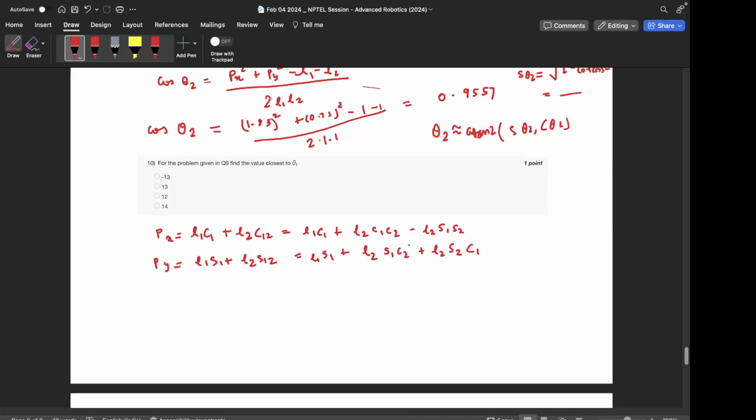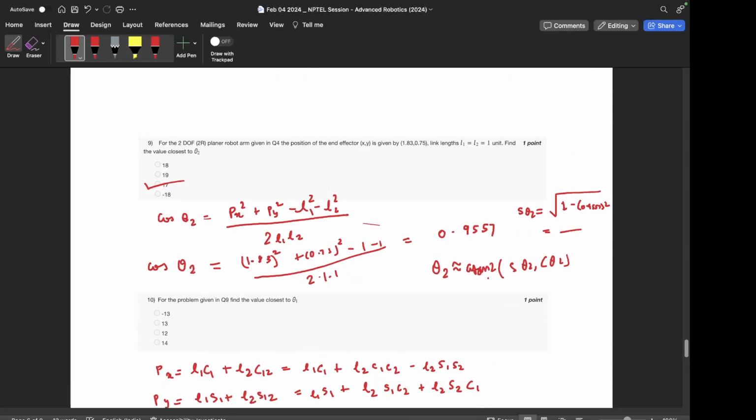So we will put all the known values. The known values are C2 is 0.9557, L1 and L2 are 1, Px is 1.83, and Py is 0.75, right?